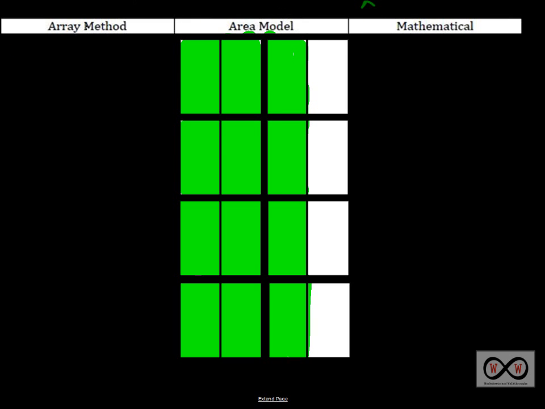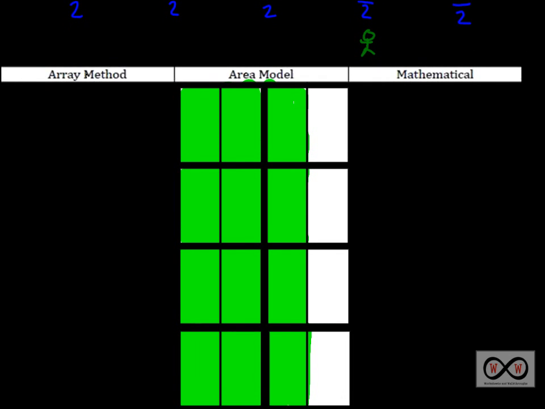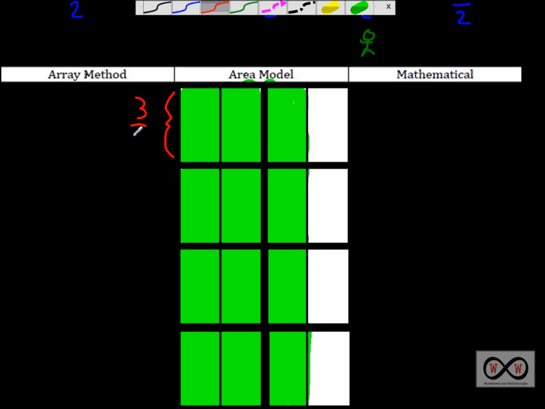And now we can see that right here, that would be 3 halves. So also, the directions say that we need to show 6/4 as well, so let's do that next.